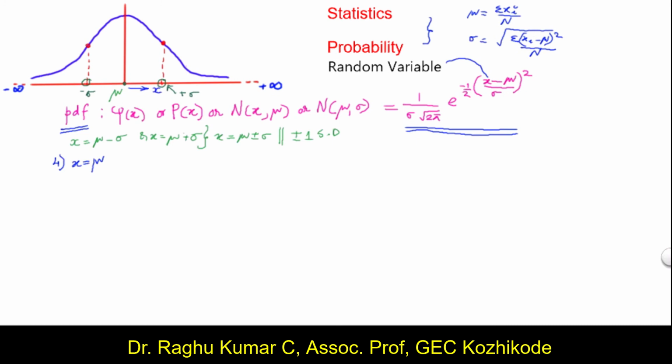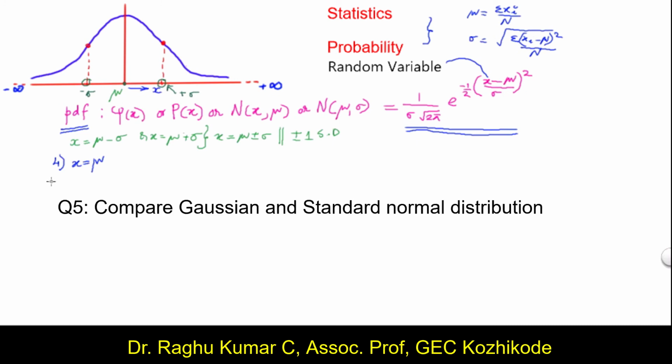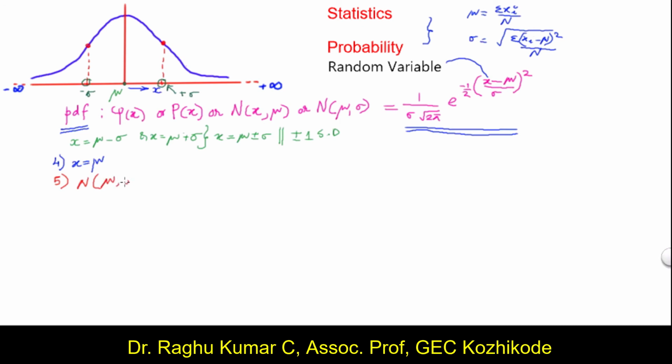Now coming on to the fifth question, on standard normal and Gaussian distribution. Gaussian or normal is as we have just discussed. Some people would like to express it with mu and sigma, and some people would like to use mu and sigma squared, which is the variance. So this is the normal distribution.